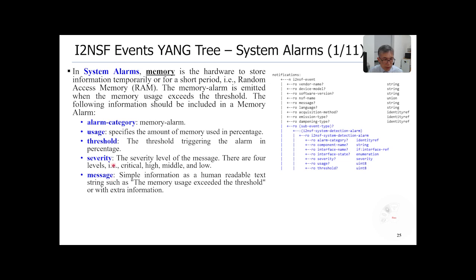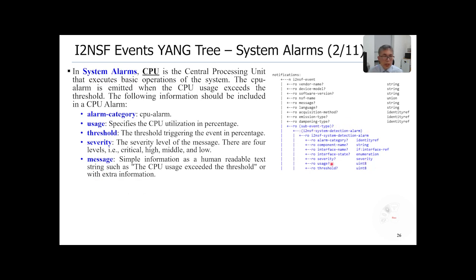Okay, severity cases are critical, high, middle, and low. Okay, so message is human readable text, like the memory usage exceeded the threshold, for extra information. So on the right hand side we have notifications, specifically system alarm. Okay, we can see the fields.